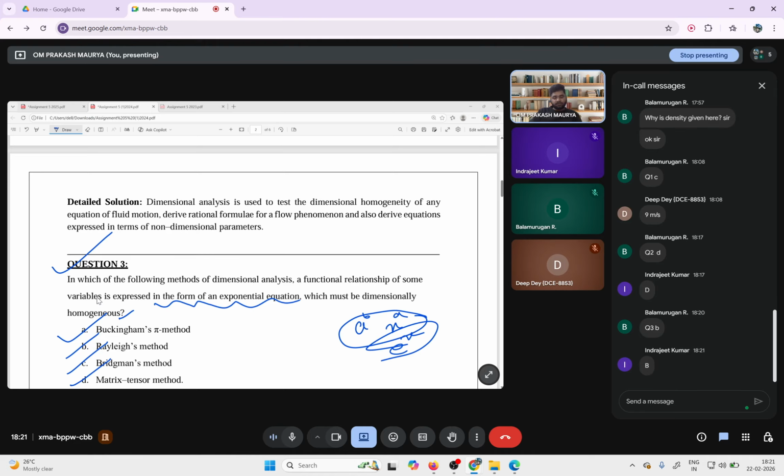Okay, Indrajit is telling option B, Rayleigh's method.